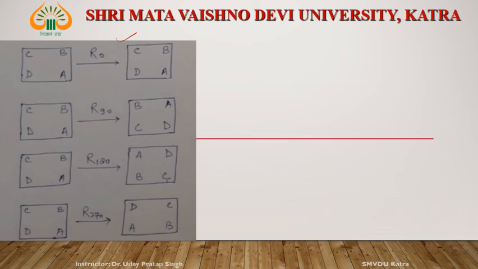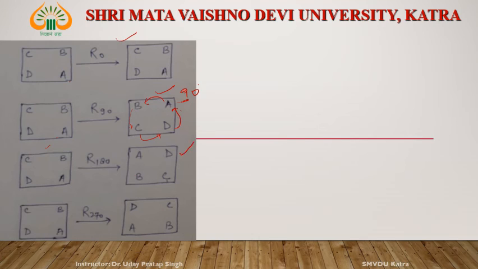Now the same rectangle can be rotated by 90 degrees: B comes here, C here, D here and A here. Again, rotating by another 90 degrees gives 180 degrees, so A comes here, B here, C here and D here.